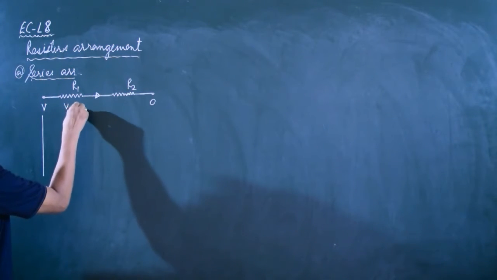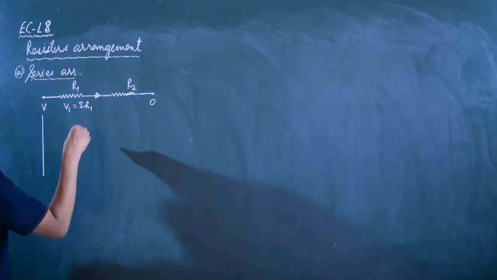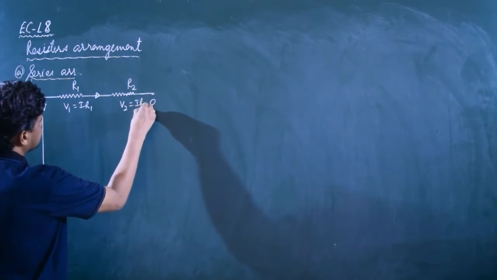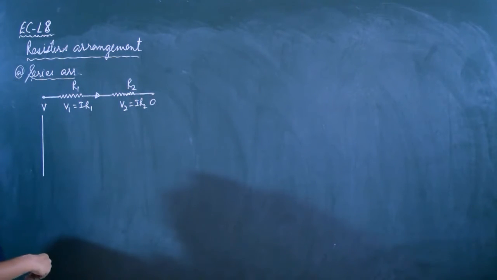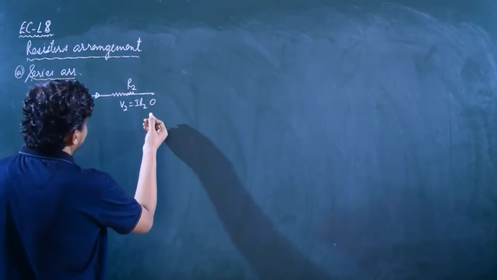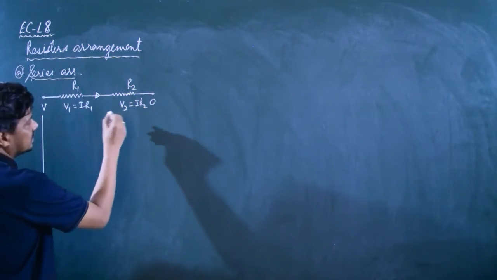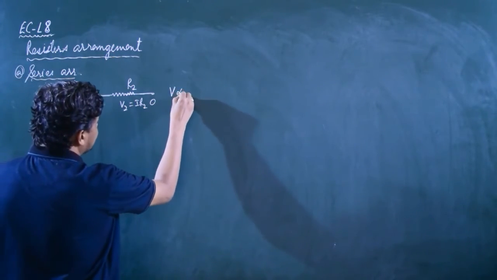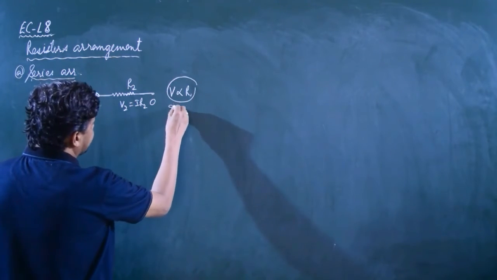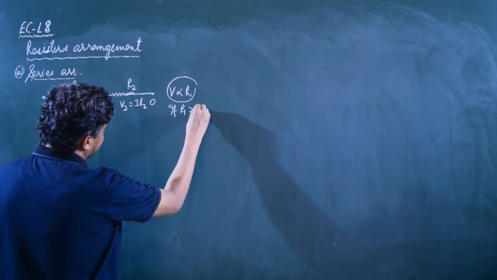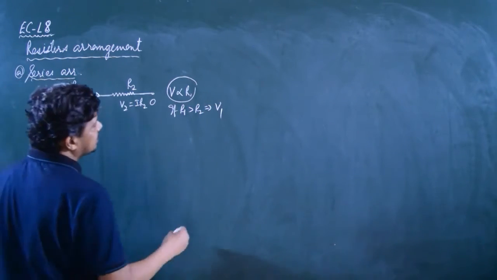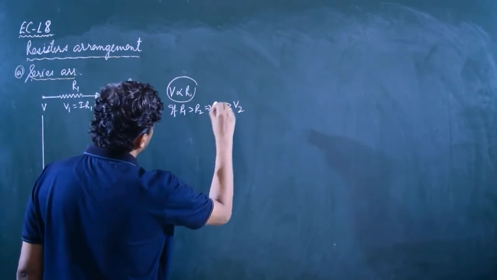Here potential drop will be IR1 and here it is IR2. Since I is equal, V depends on the value of R. Here V is directly proportional to R. So if R1 is greater than R2, it implies that the potential drop across R1 will be greater than V2.